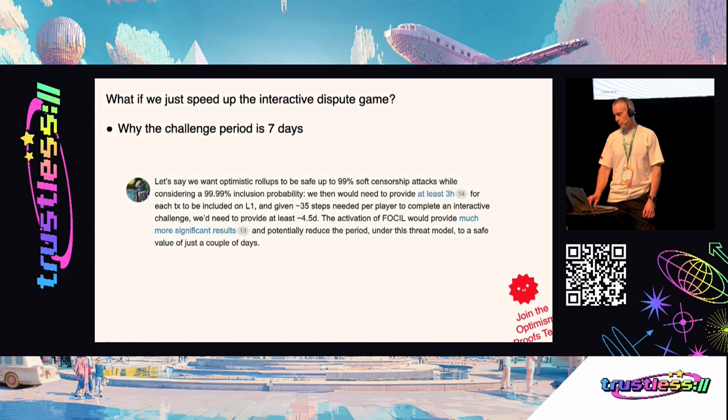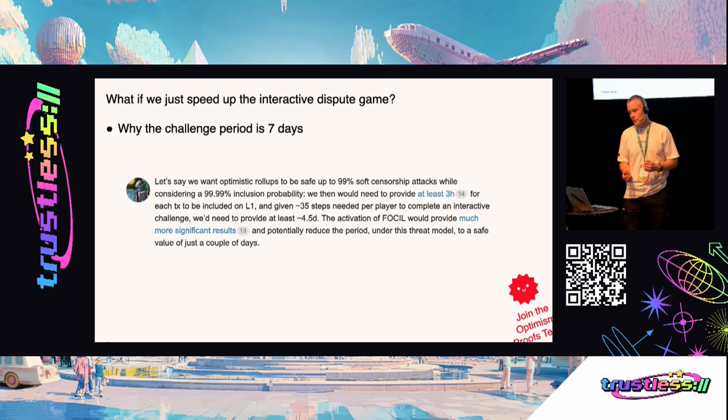Now, the reason why is because in 7 days, if there was a censorship attack on L1 and nobody could play the dispute game to dispute an invalid output root, somebody could actually finalize an invalid withdrawal.